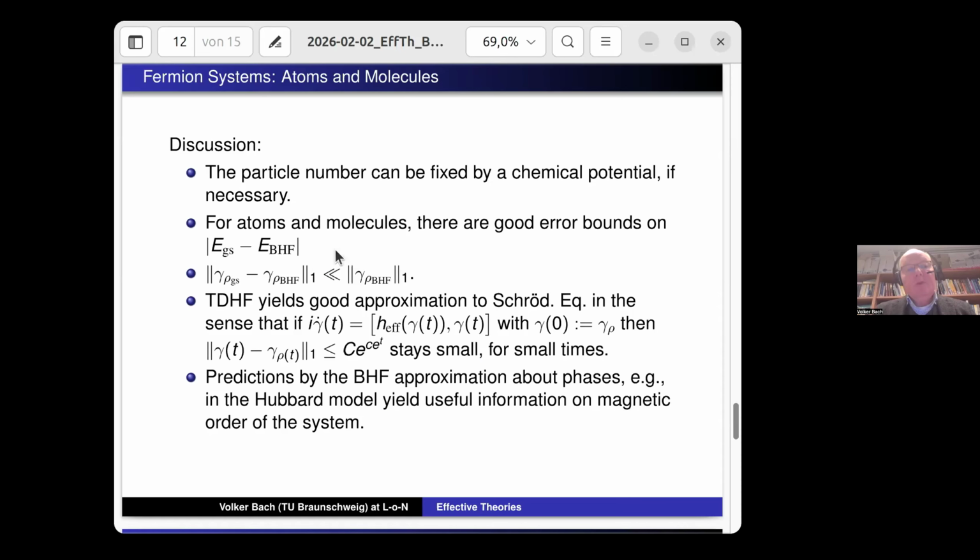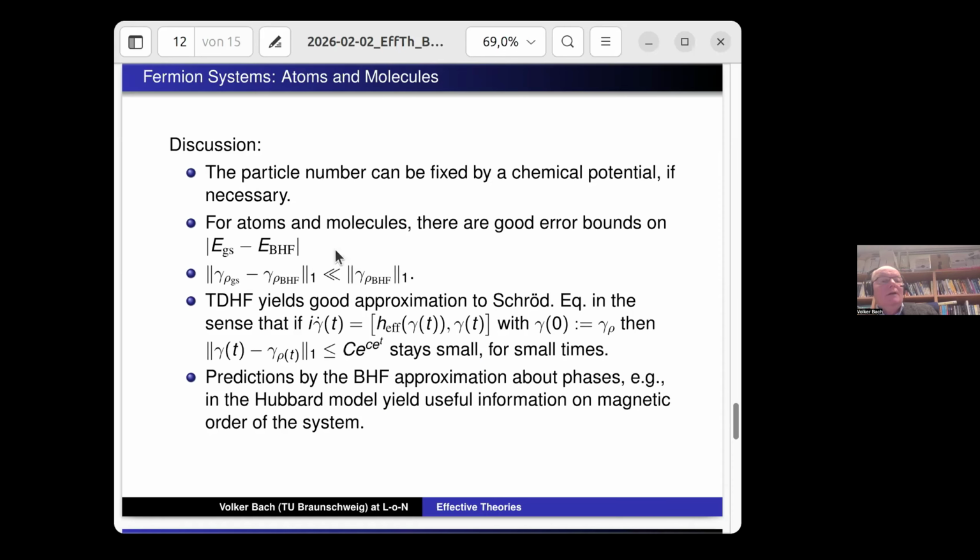Now, let me come to the question, what do we know about the state? A lot of work has been invested in quantifying the error of the energy values. But then what about the state?